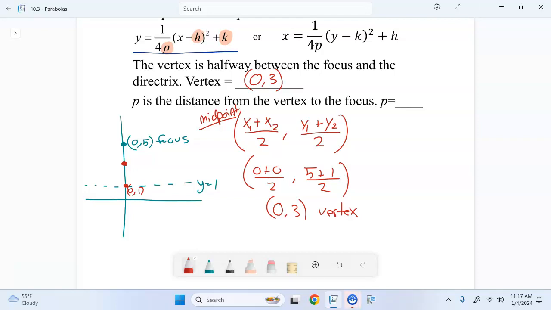How do I find the distance between the two? Same as finding the difference. If we're going parallel or perpendicularly to the point, we just subtract. If my vertex is at 0,3, subtracting 5 and 3 gives me the distance, 2.